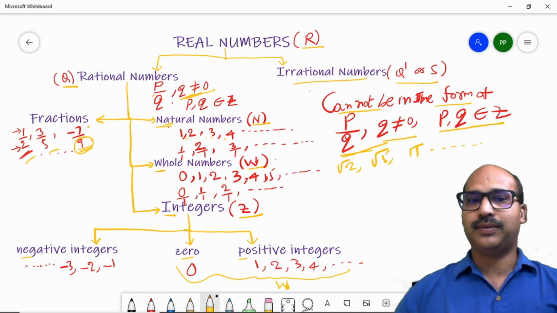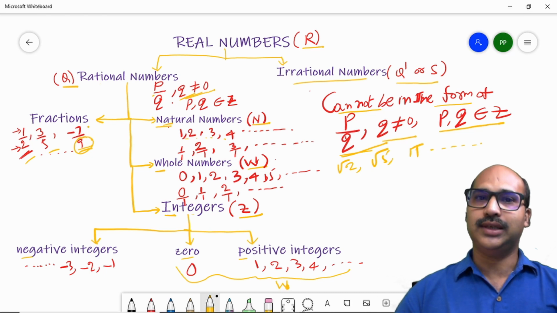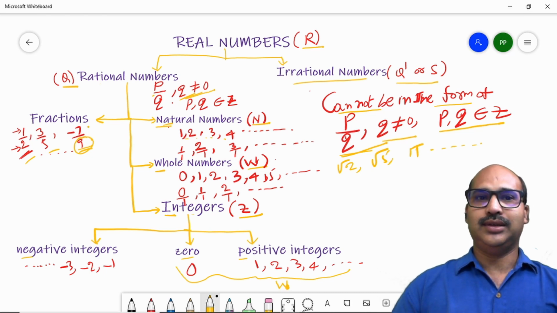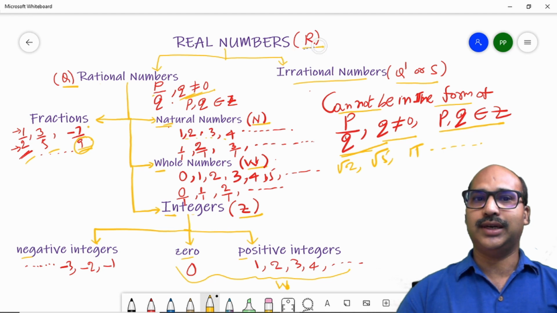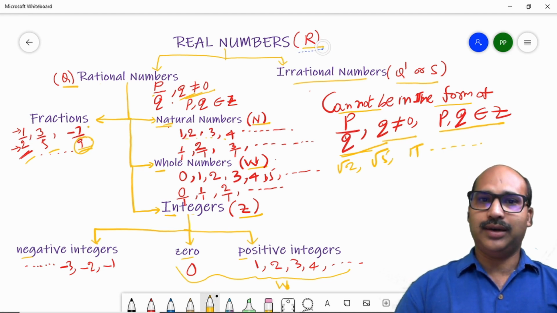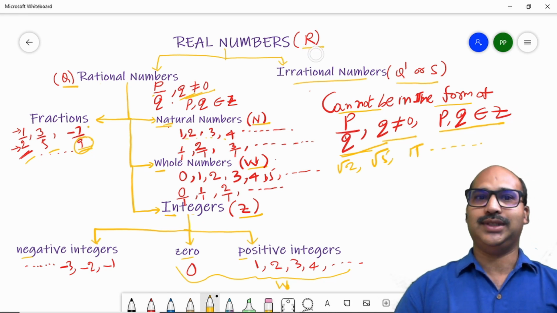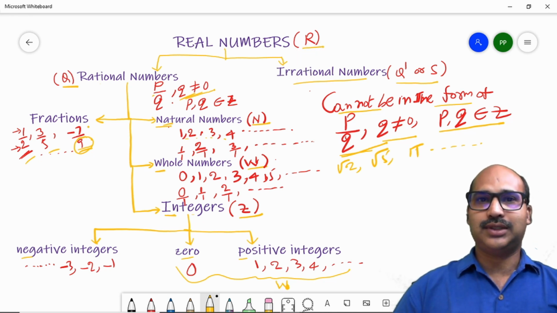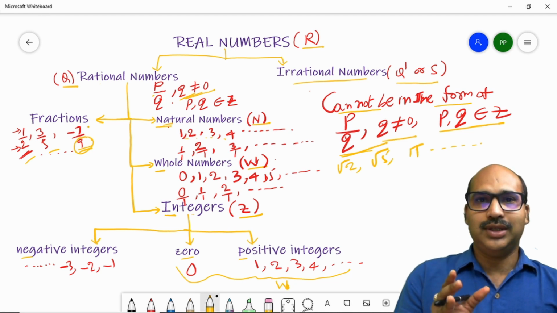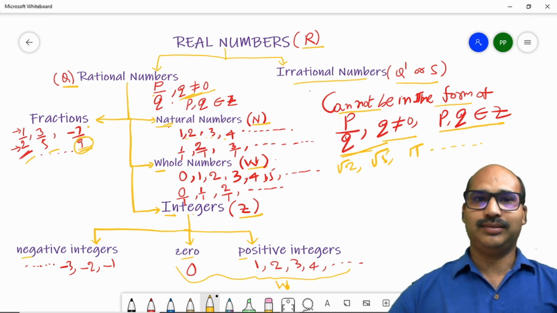These are the categories of real numbers at a glance. Now we can study these number systems in the form of decimal representation, which will give a somewhat clearer idea about irrational numbers.